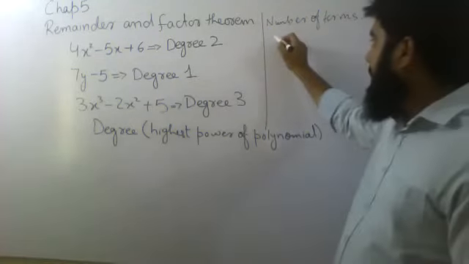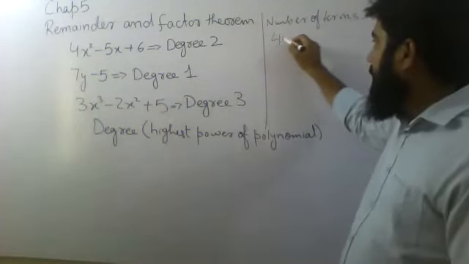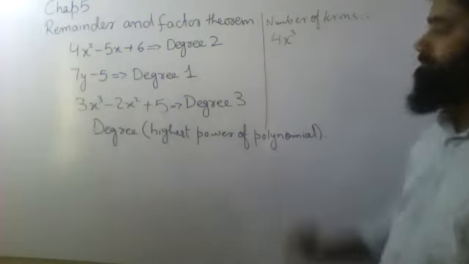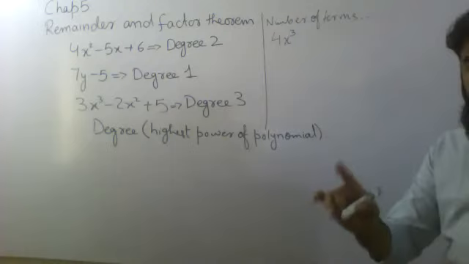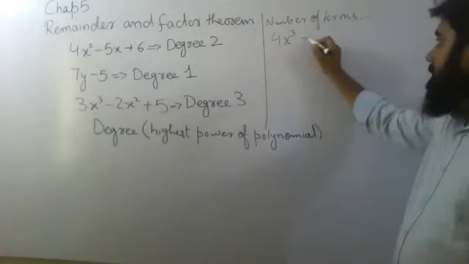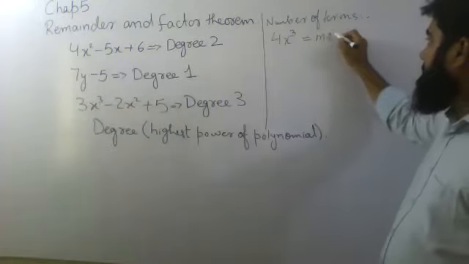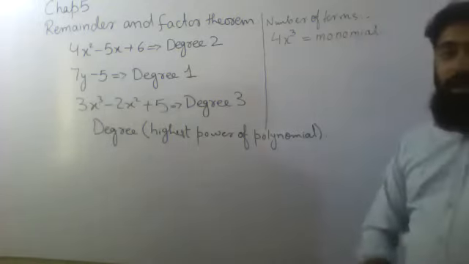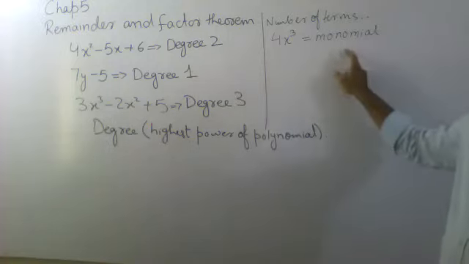If I'm saying that a polynomial has only one term, that will be called a monomial. It's a polynomial whose name is monomial.